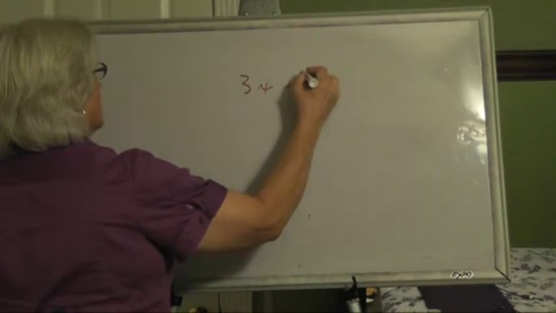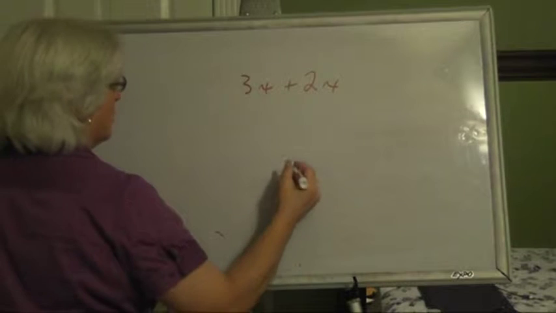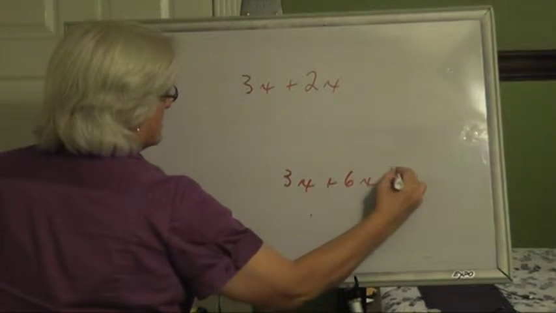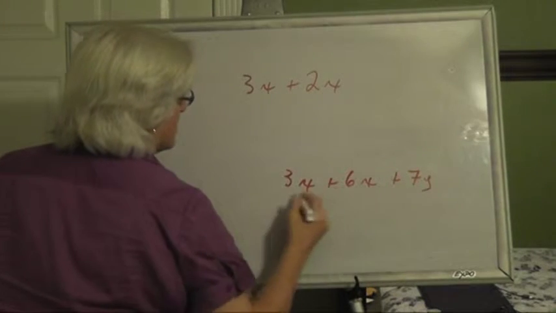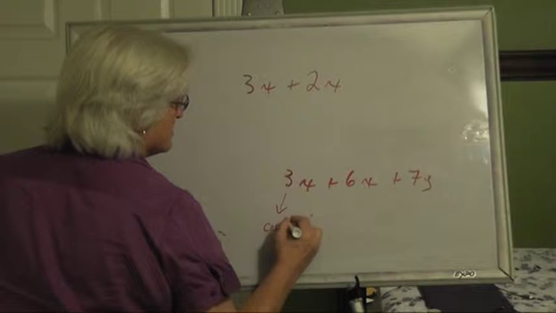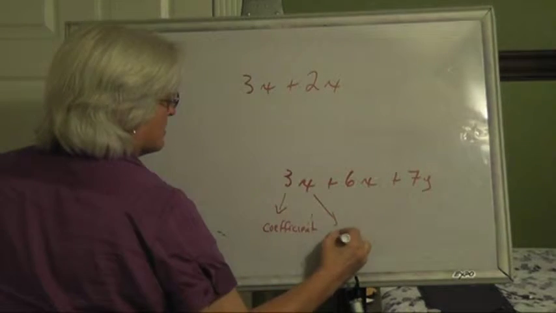(3x plus 2x). We talked about those terms. We said that the number in front of the variable is called the coefficient. The letter is called the variable.